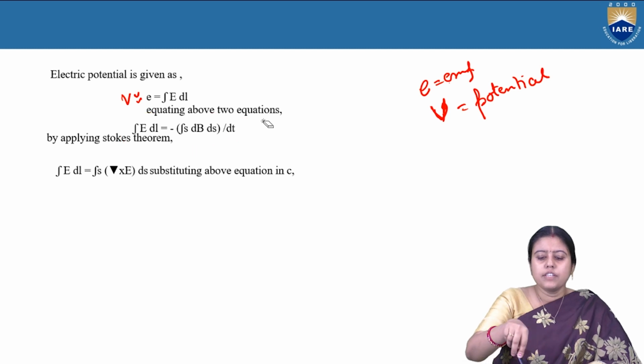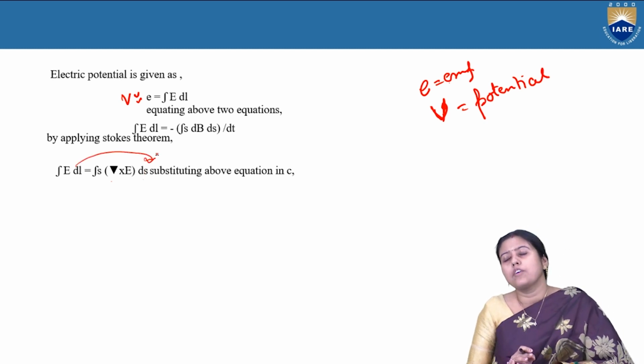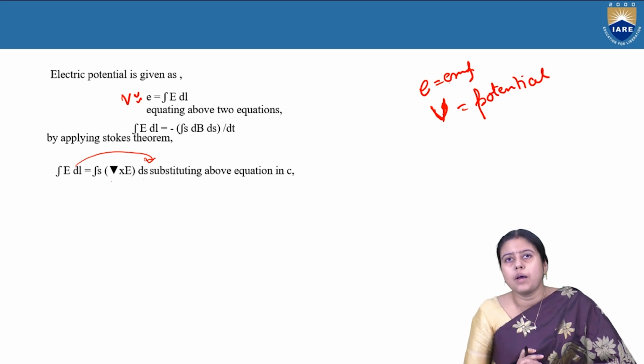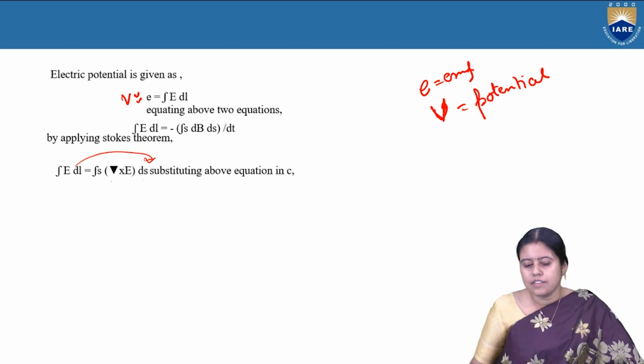Now we use Stokes' theorem because this is dl and this is ds. So we can write, in place of the line integral of E dl, the surface integral of grad cross E ds. As this is a vector quantity, we use Stokes' theorem. So grad cross E ds is equal to minus the integration of dB by dt ds.